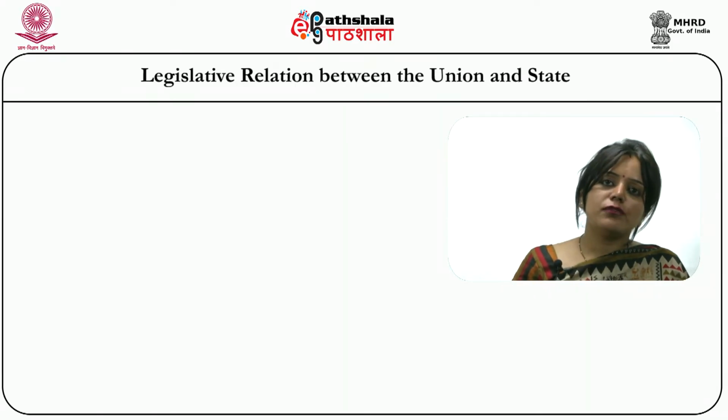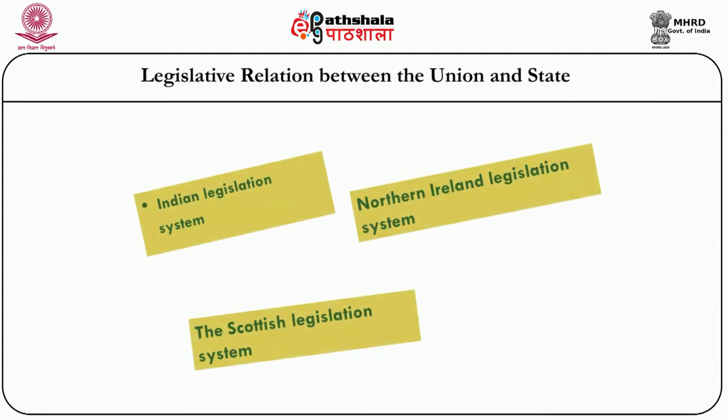Now, to give more clarity on the relationship of the union and states, I would like to compare the whole body with its parts. Here I would compare the union and states as the body and its parts. The State Reorganization Commission report concluded: it is the Union of India which is the basis of our nationality.